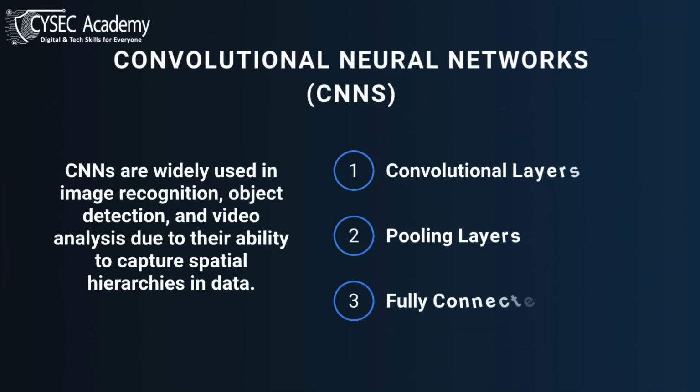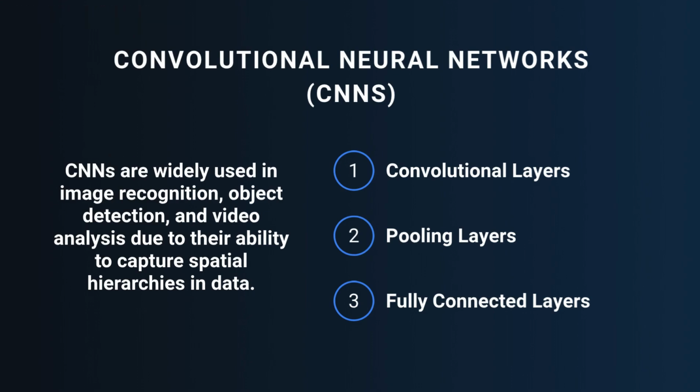Convolutional neural networks, CNNs. CNNs are specialized neural networks designed for processing grid-like data, such as images. They leverage convolutional layers to automatically extract features from the data. Key components include: 1. Convolutional layers. 2. Pooling layers. 3. Fully connected layers.